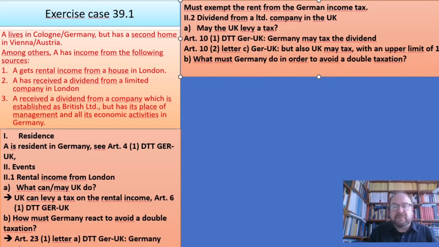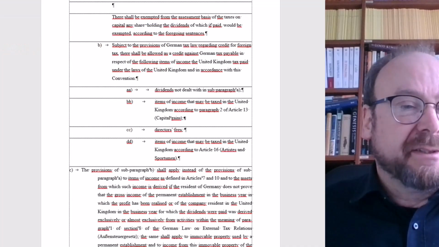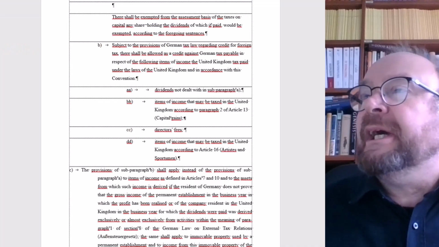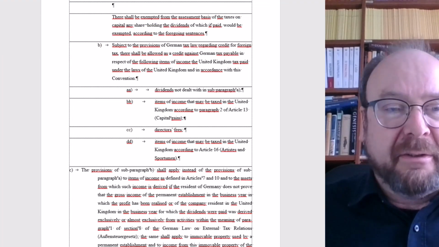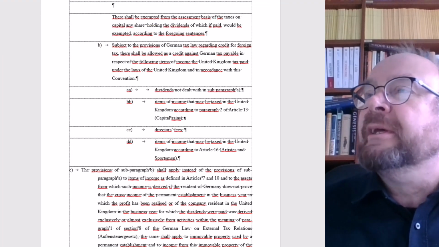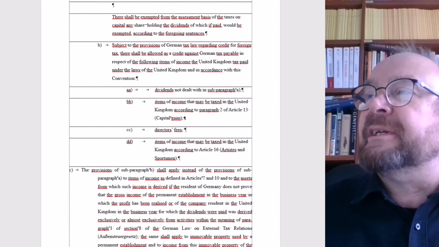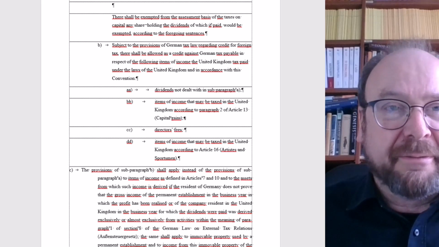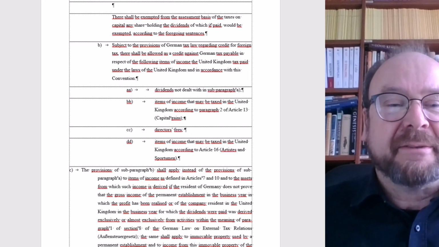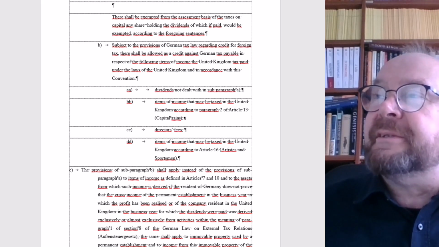That is probably again Article 23. It was paragraph 1 there, and we will have to have a look. So here we have Article 23, paragraph 1, subparagraph B, subject to the provisions of German tax law regarding the credit for foreign tax, that alludes to paragraph 34C and its rules for the credit tax limit.